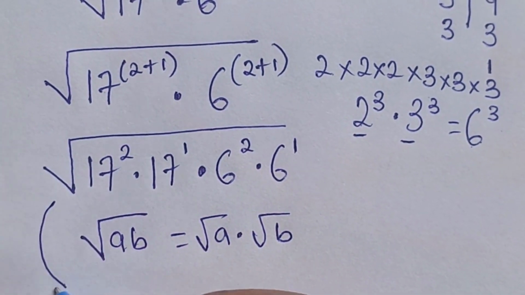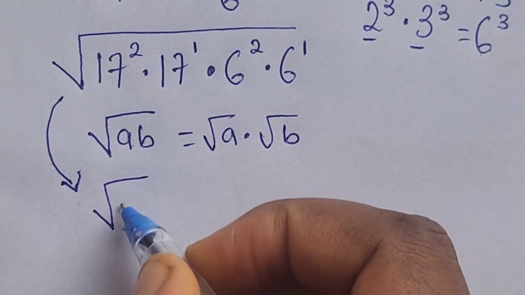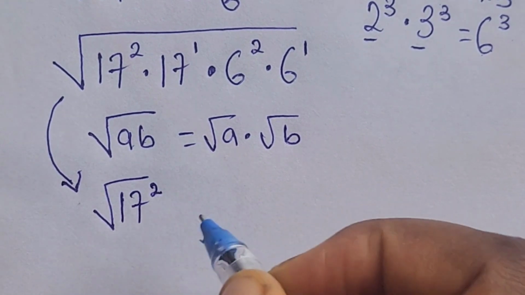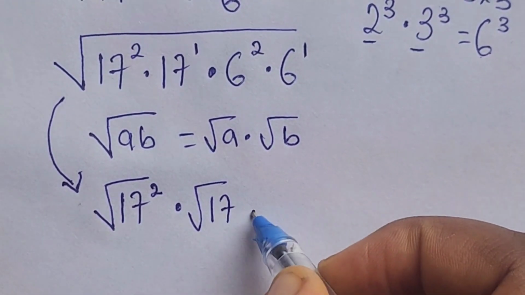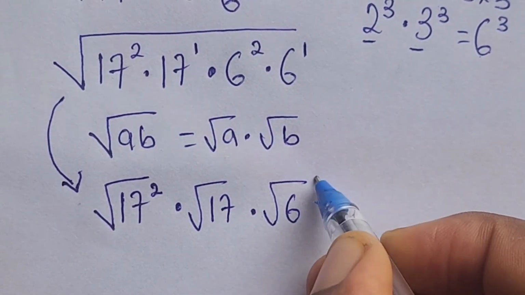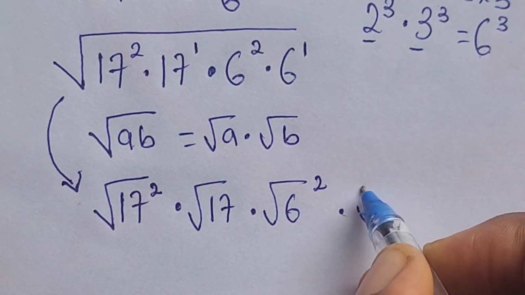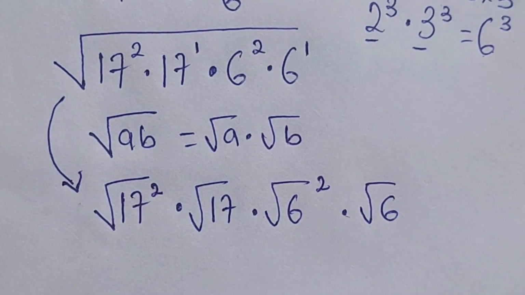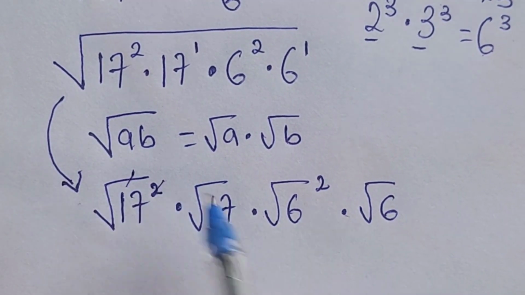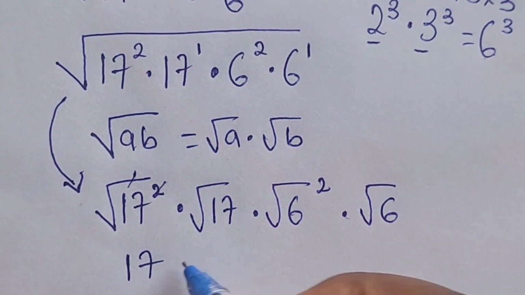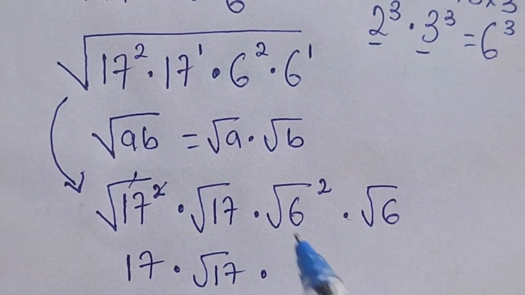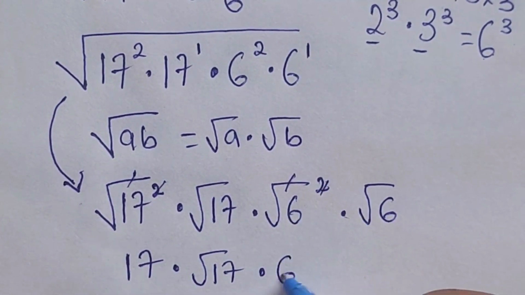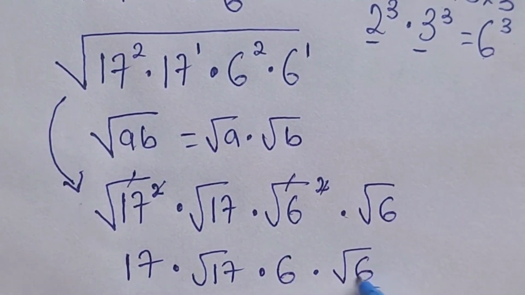So this will become root 17 to the power of 2 times root 17 times root 6 to the power of 2 times root 6. So this will cancel this. We have 17 times root 17, and this will cancel this, we have 6 times root 6.